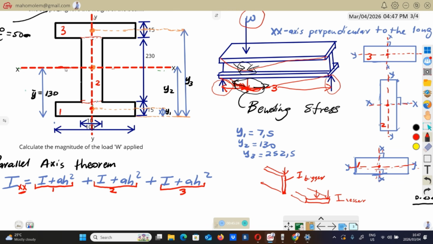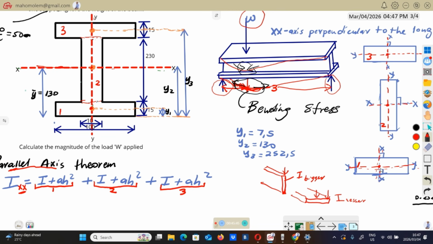We're going to take this one as the reference. Remember, when you say something is parallel, it has to be parallel to something. The parallel axis that we'll be using must be parallel to this XX.